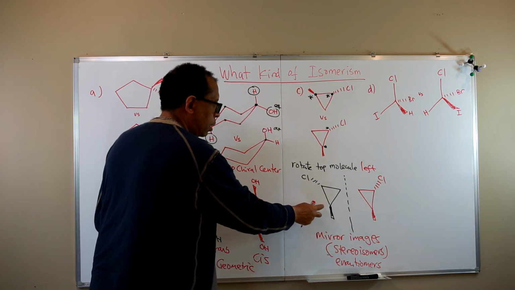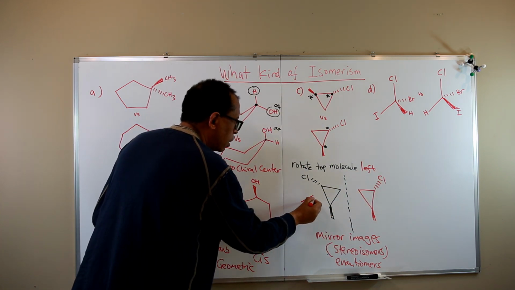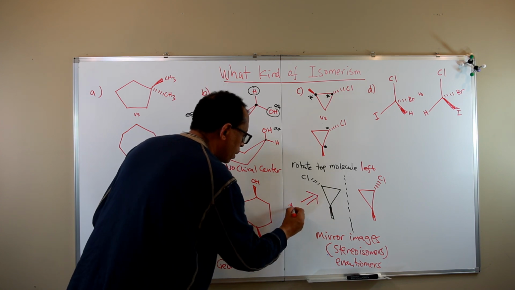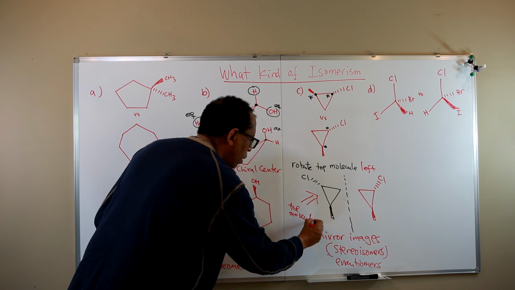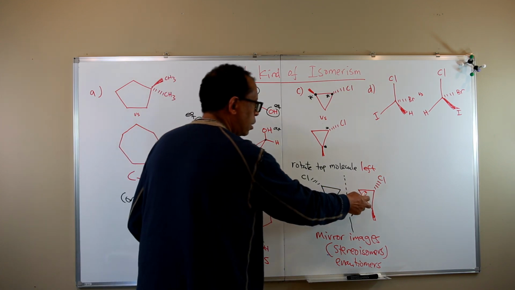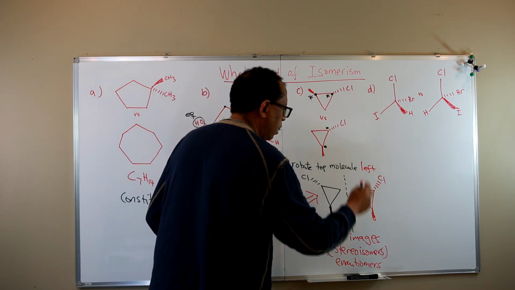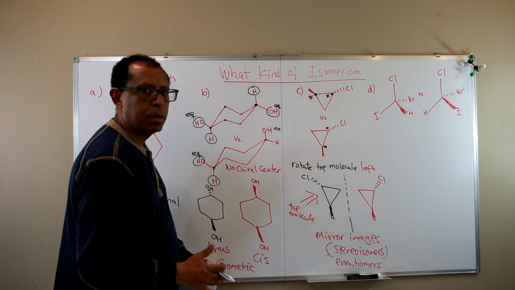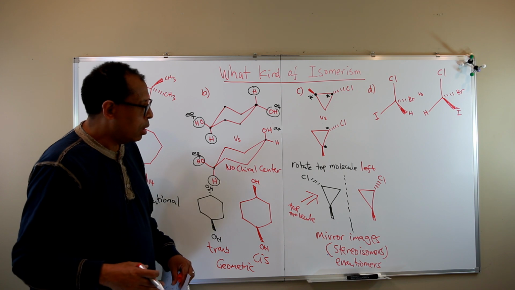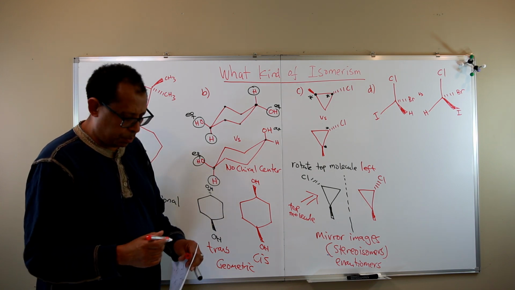So this is the top molecule. This is the molecule down. So if you just look at them, their relationship is just mirror images.